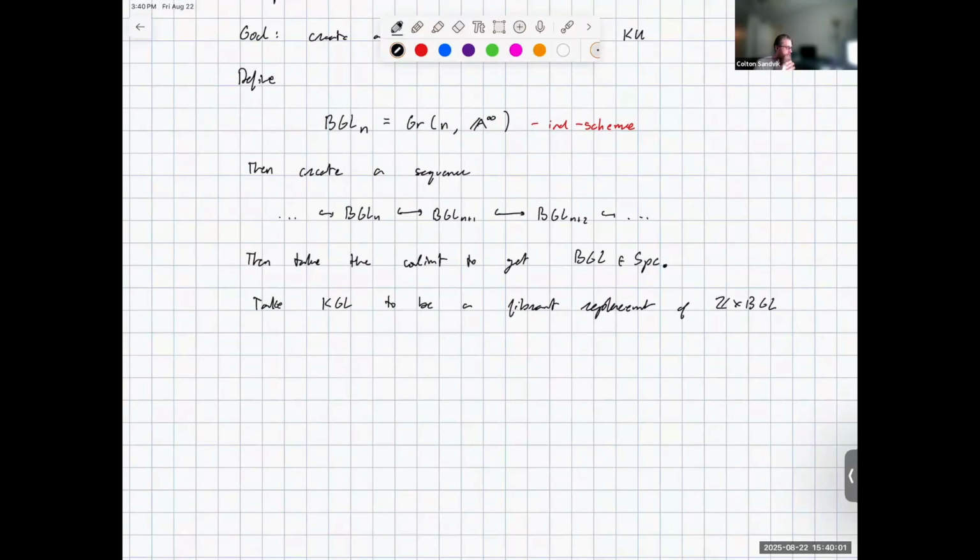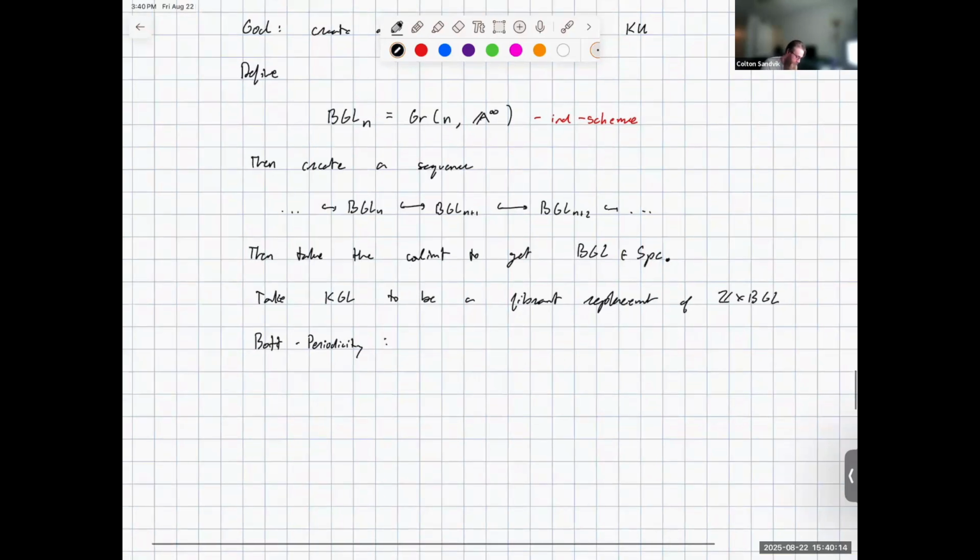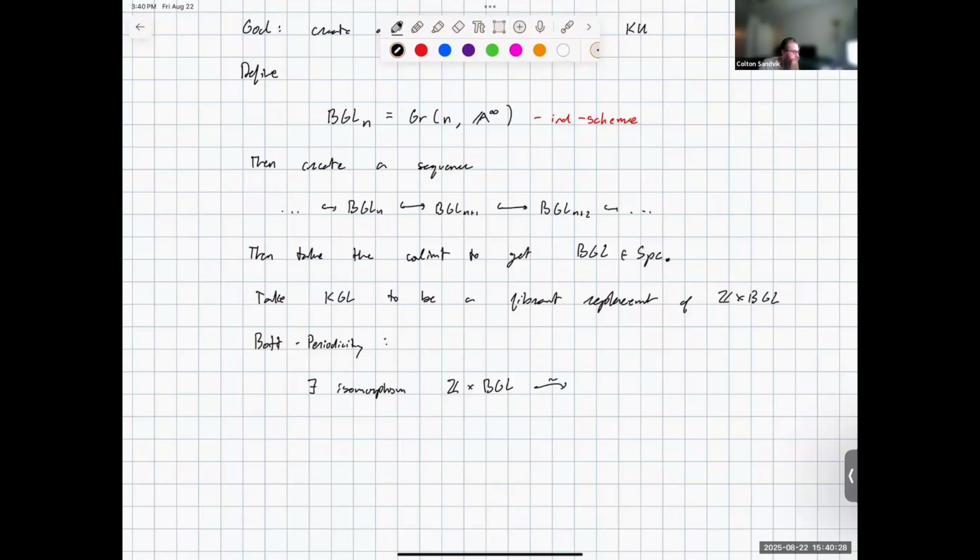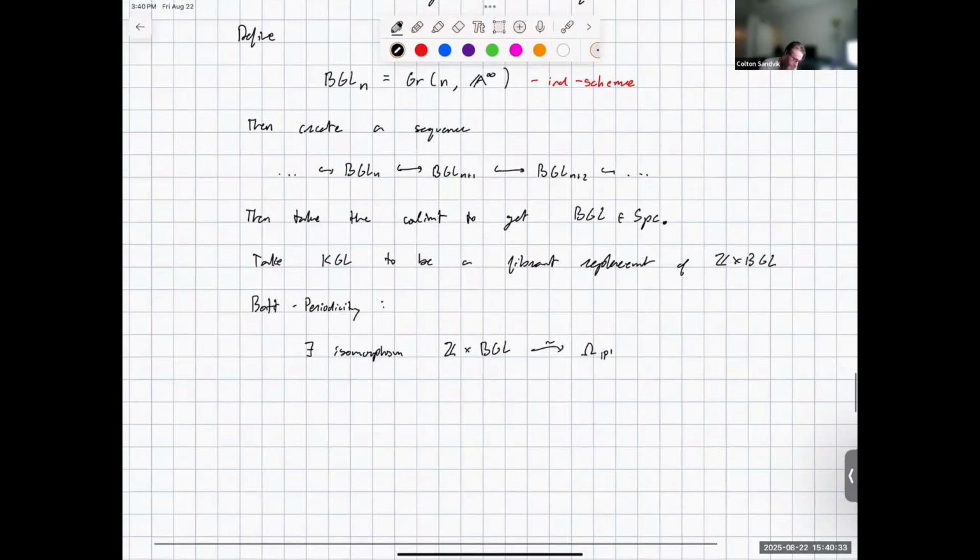And what does Bott periodicity say? In this case, Bott periodicity says that there exists an isomorphism from Z cross BGL to the loop space Omega_{P1} of Z cross BGL.